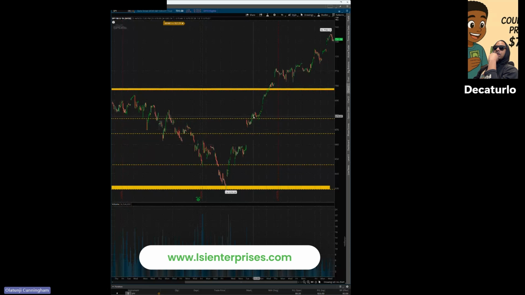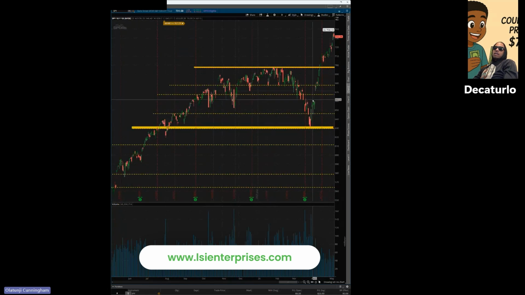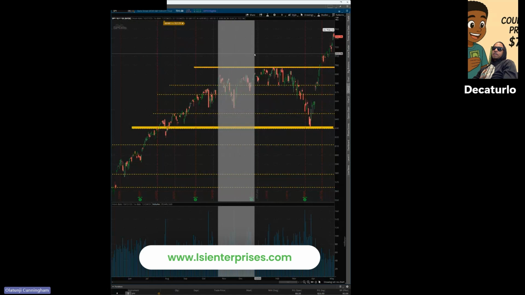Well, these are the hourly chart. So if I go back to the daily chart and I zoom in, see how it jumps around all over the place? Most of the time, the market's gonna fill these gaps.